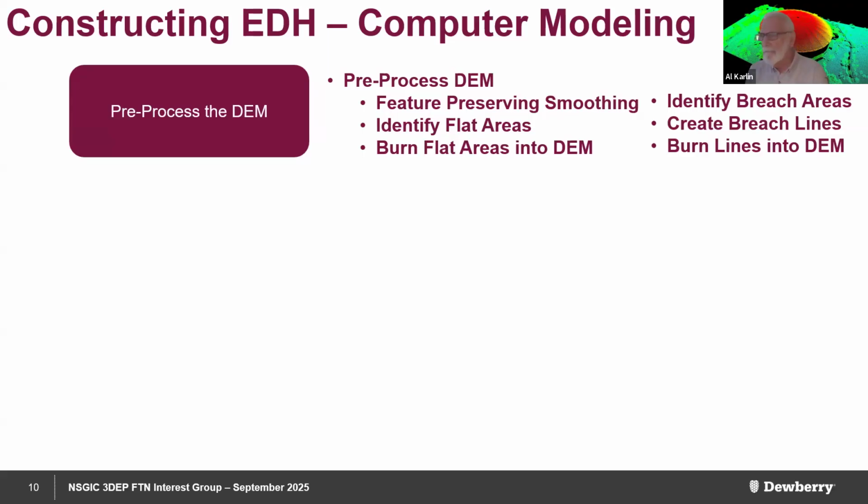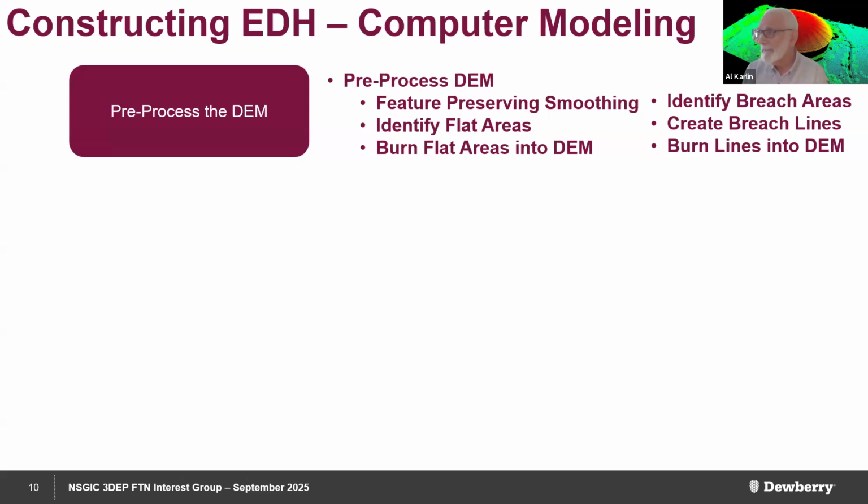One of the major tools that we designed incorporates an algorithm called feature preserving smoothing. It goes through the elevation model and retains where changes occur, and smooths out, not decimates, but smooths out other places. We've constructed a tool for identifying flat areas so that we can bowl them in later processes.